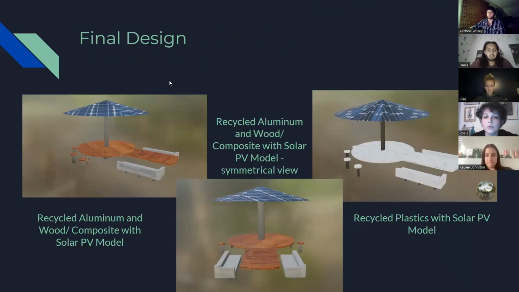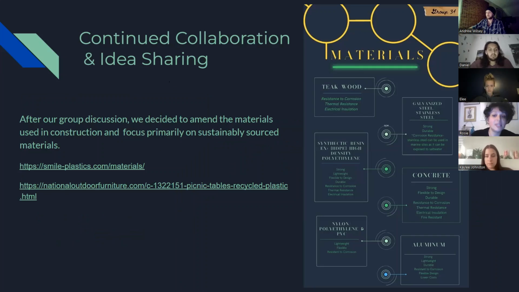So we wanted to allow the choice of material types, be it wood, galvanized steel, synthetic resin, concrete, nylon, polyurethane, and PVC, as well as aluminum, which was a really nice price point, starting at the bottom. The idea, again, is based on whatever they would need in terms of budget or aesthetics. And each one would hopefully be as sustainable as possible.